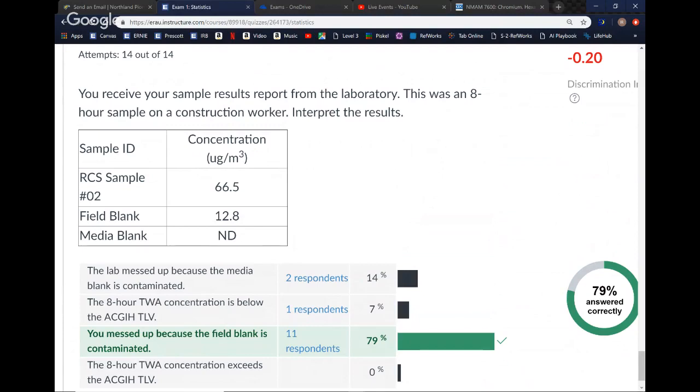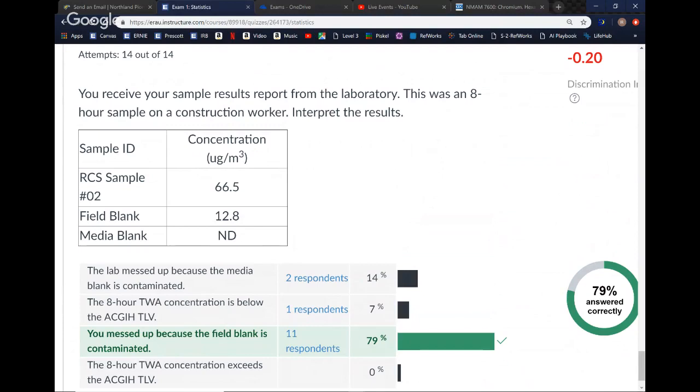it does look weird because you have letters here. What that means is they were not able to detect a mass on their own blank, but they did detect something on your blank. So you would want to see non-detect here and a number here if the lab messed up.